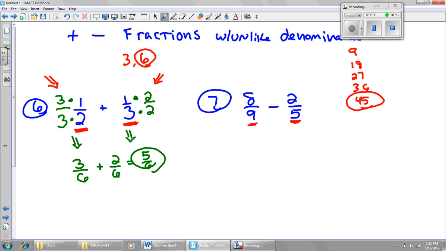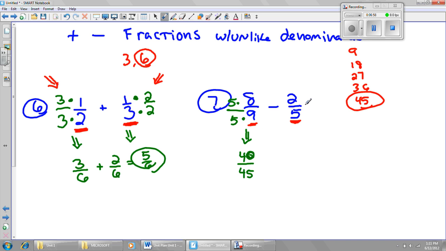All right, I need to turn both denominators into 45. Well, I'll have to do 9 times 5, and then I'll have to multiply by 5 upstairs. So this fraction is going to turn into 40 45ths. That is a 0, not a 6 there. I'm telling you that 8/9 and 40 45ths mathematically are the same thing.